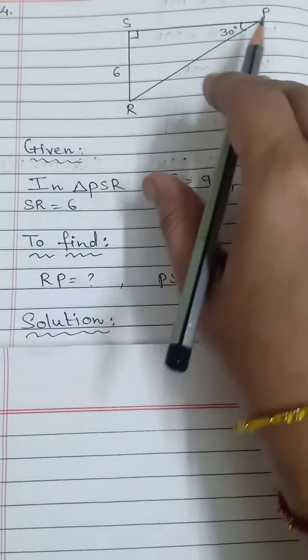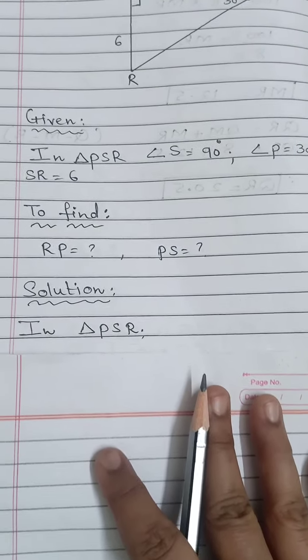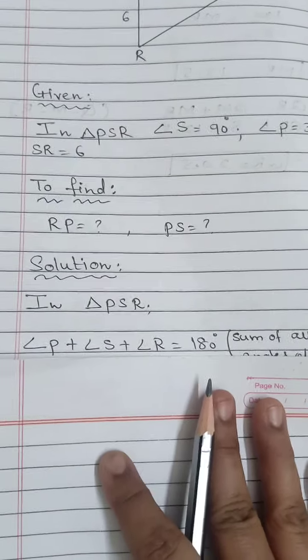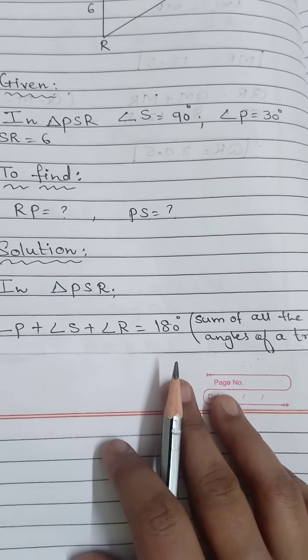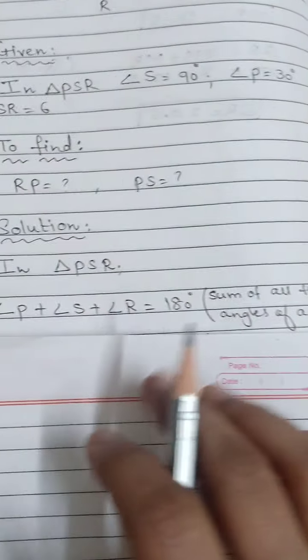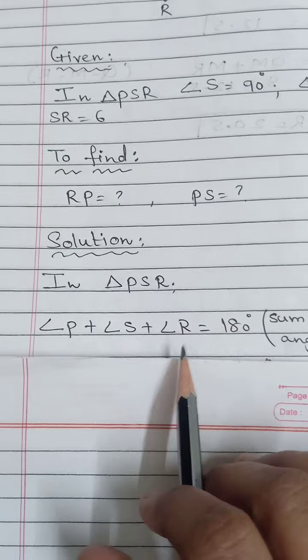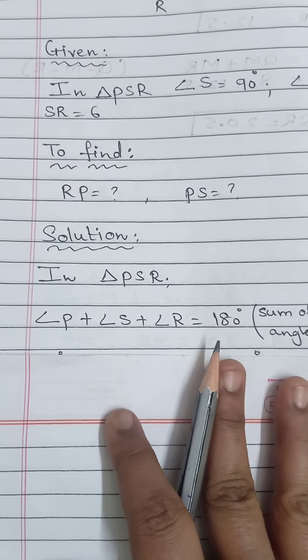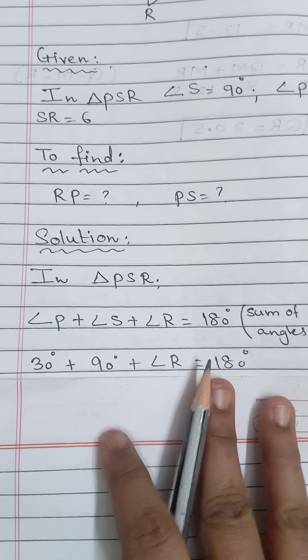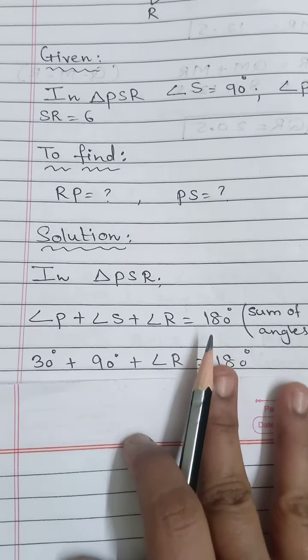We will write in triangle PSR, angle P, angle S and angle R will be equal to 180 degree, because of the property sum of all the angles of a triangle. Now P is 30 degree, S is 90 degree. We want to find angle R. So we'll apply their values. So 30 plus 90 plus angle R. Now 30 plus 90 is nothing but 120 degree.